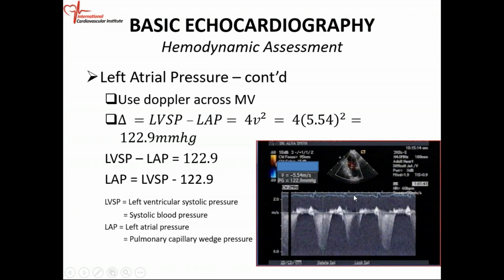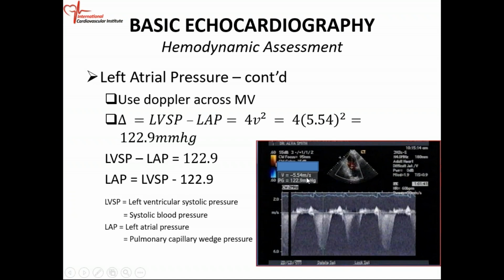So mitral regurgitation, the velocity is what we're interested in. This is your MR velocity, which is 5.54 meters per second.